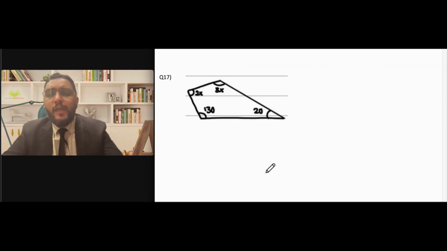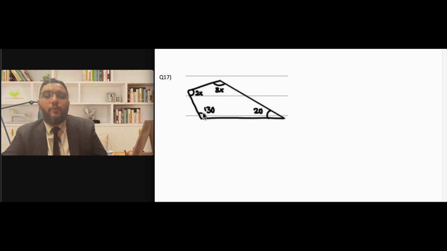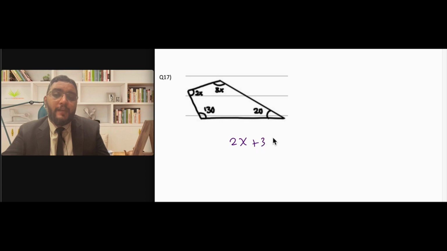Question 17, we have a quadrilateral and we want to find the value of x. So this is 3x, 2x, 120, 130, and 20. You know that the sum equals 360. So we have 2x plus 3x plus 130 plus 20 equals 360. It means 5x plus 150 equals 360.